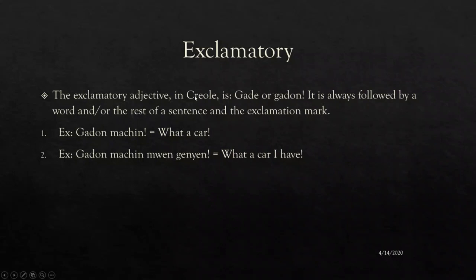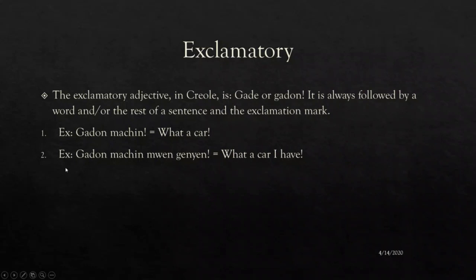So that's the word to mark exclamation, garder or gardon. It is always followed by a word or the rest of a sentence, then followed by the exclamation mark.